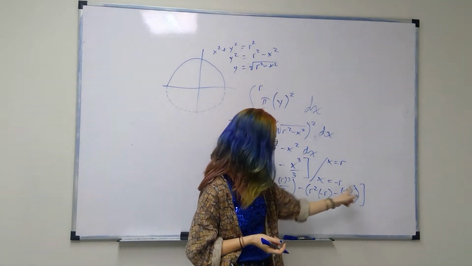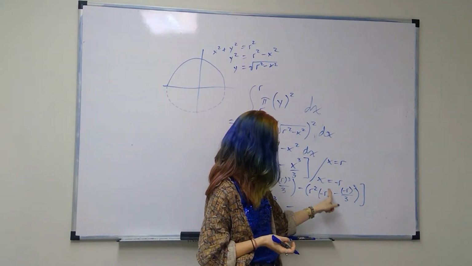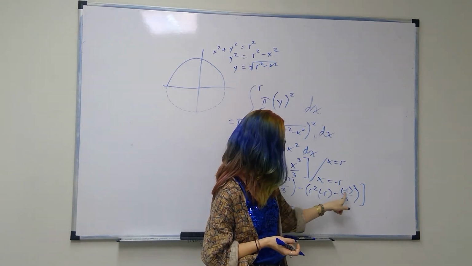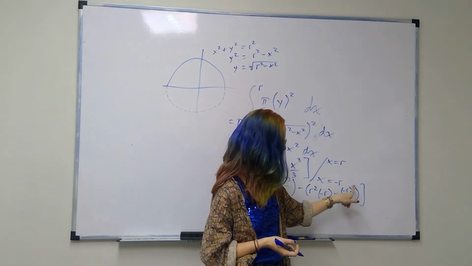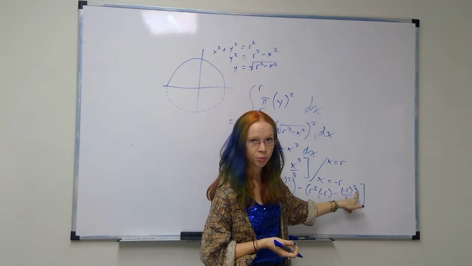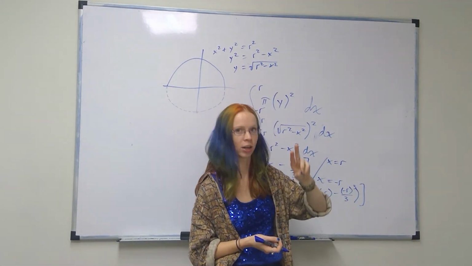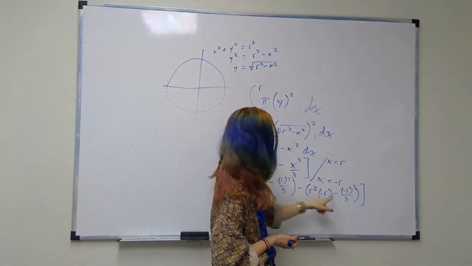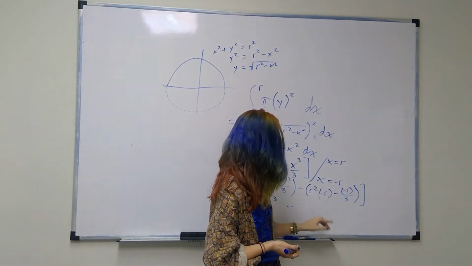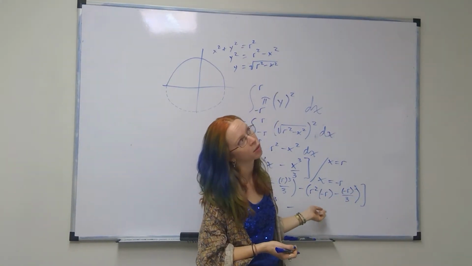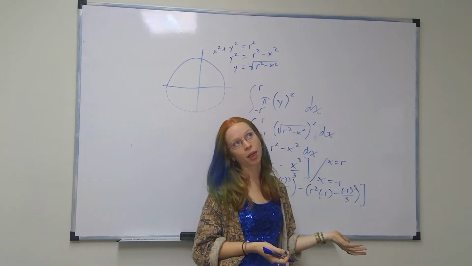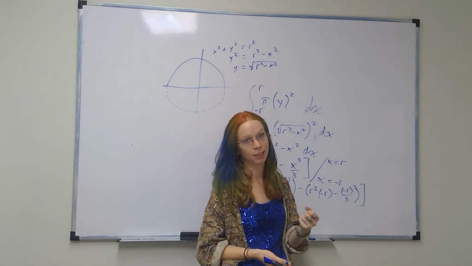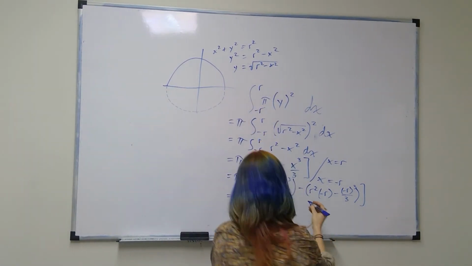All right. This stuff, here's a negative r cubed plus, because this negative r getting cubed, negative r times negative r times negative r, that's still negative r cubed. So those negatives cancel. Negative r cubed plus a third r cubed, that's negative 2/3 r cubed.